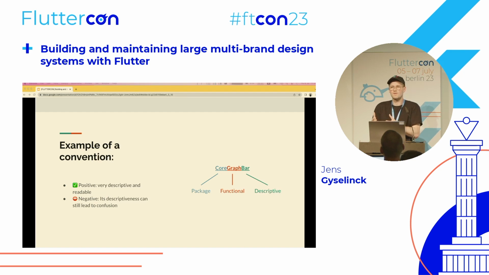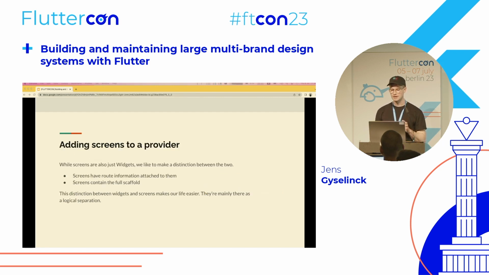So for example, we have a functional group called graphs. And then that final part is a descriptive part of what you are going to visualize here. It doesn't need to be descriptive of how it's actually visualized. For example, this is going to be a bar and you know that it's going to be a bar, but it might as well be core graph population data or something like that. And that's a graph that knows how to visualize population data, and that's all that you need to know about it.